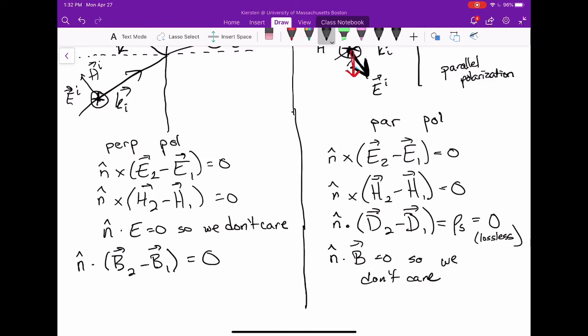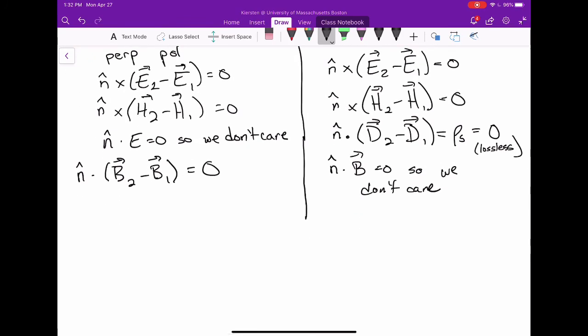Because of this difference, both in the problem definition in the pictures that we drew and in the boundary conditions that are relevant, we get slightly different answers for these two things. Both of them have a reflection coefficient, both of them have a transmission coefficient, but they're different.